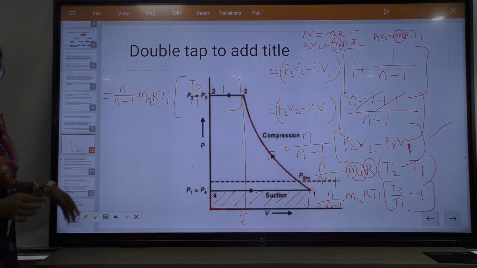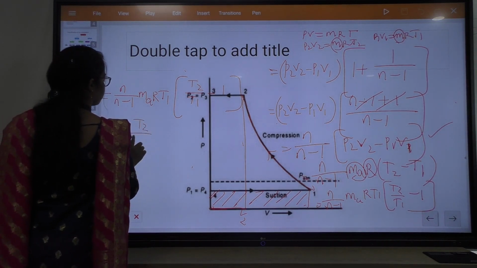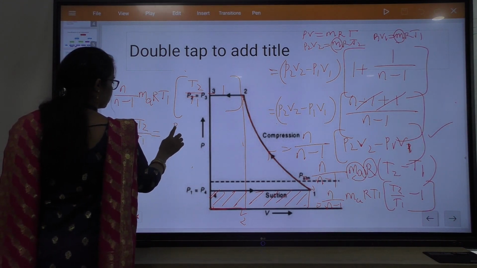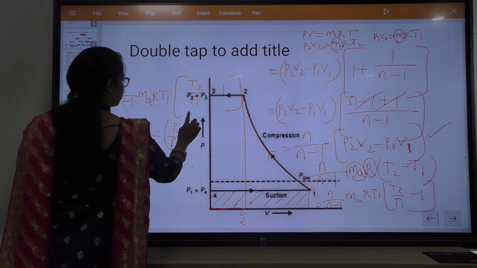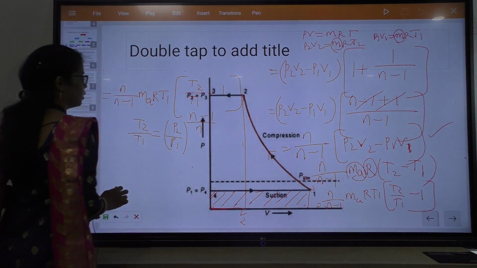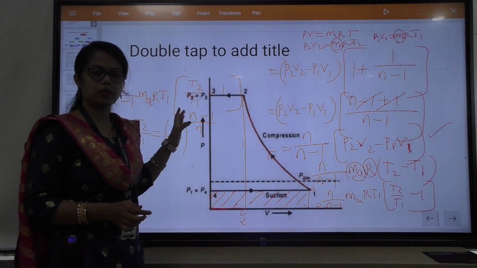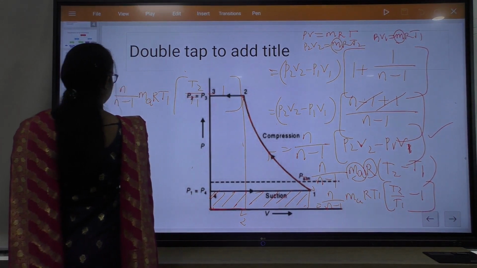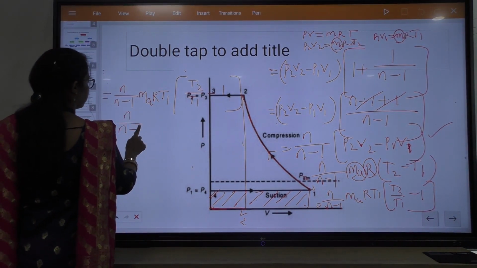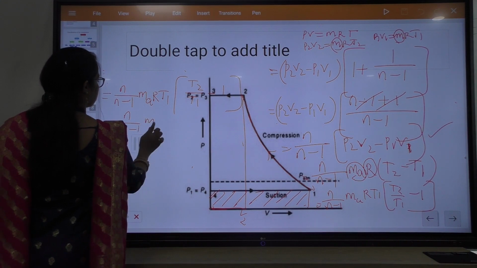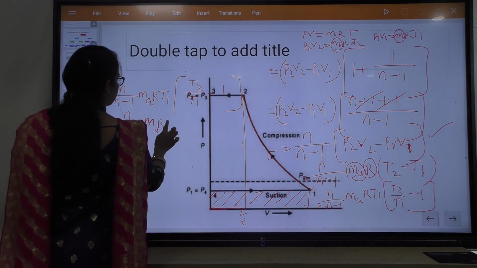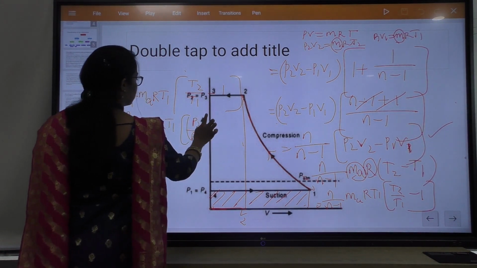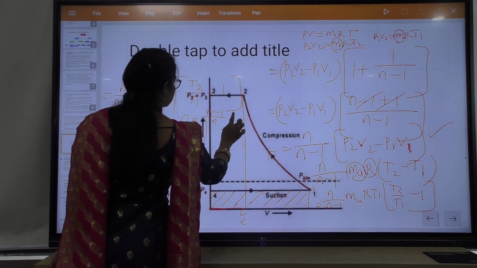And for the polytropic process, PV to the power n is equal to constant, T2 by T1 is equal to P2 by P1 to the power n minus 1 by n. So, in the place of T2 by T1 I will put the value: n by n minus 1 MAR T1 whole into P2 by P1 to the power n minus 1 by n, minus 1.